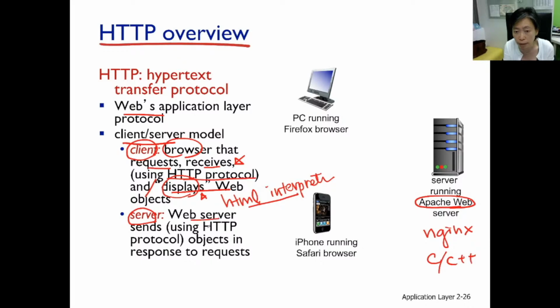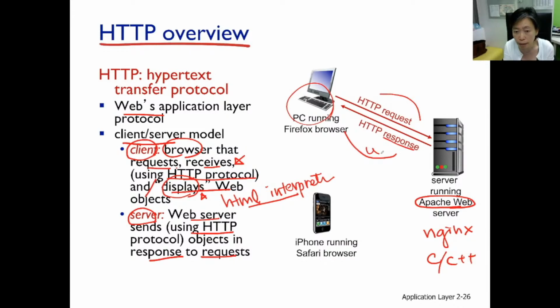The web server implements the server side of the HTTP protocol. What it does is receive requests and send back responses. That's the exact opposite of the client, which sends requests and receives objects. So let's see the exchange. This client up here sends an HTTP request and then receives the HTTP response, and contained in the HTTP response is the web object.